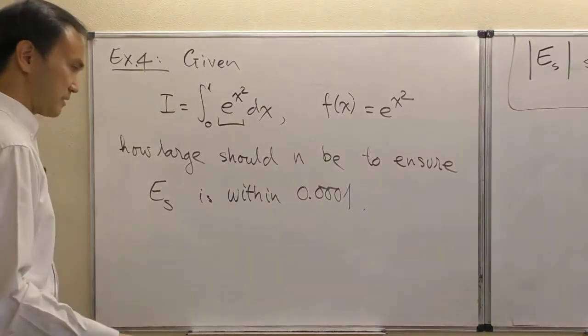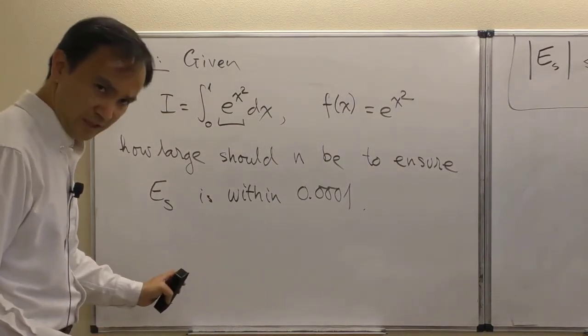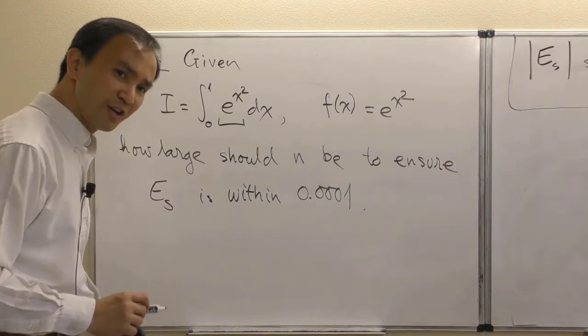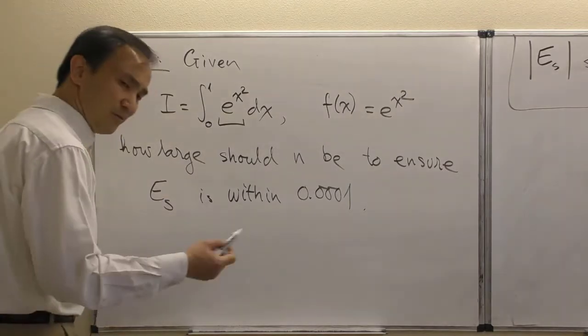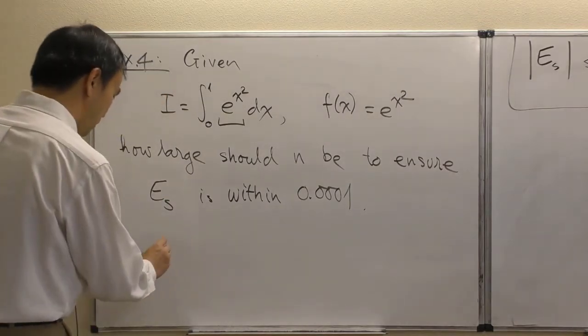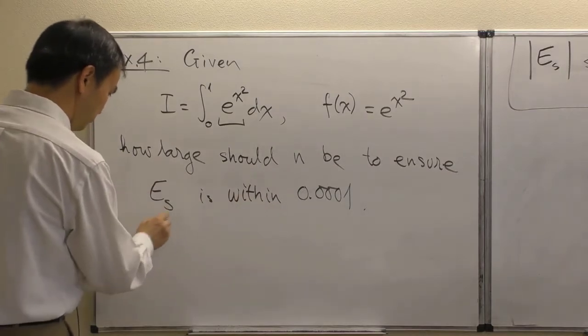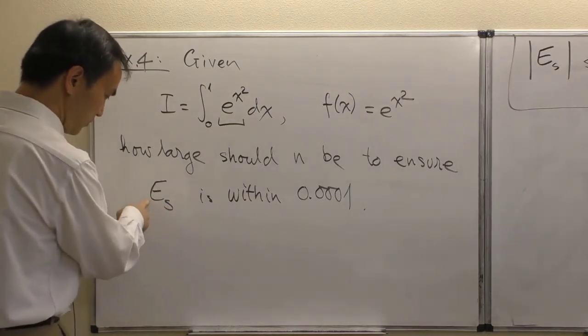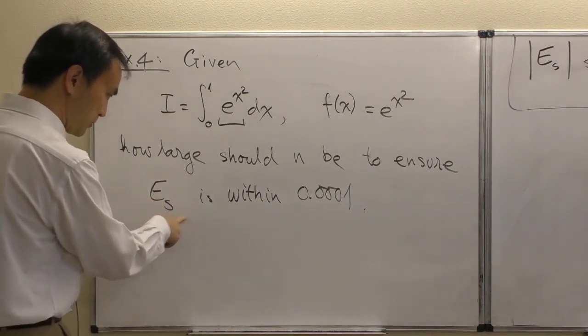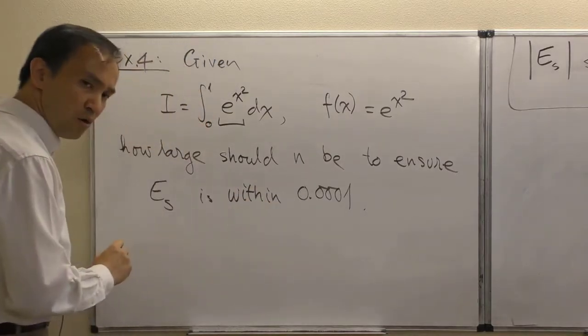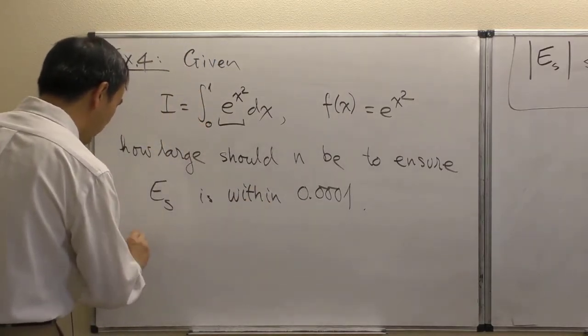We can speed up some processes, but others we have to slow down a little bit, so that's a warning ahead of time. We want the error produced by Simpson's method to be within 0.0001. So we already know what we desire.